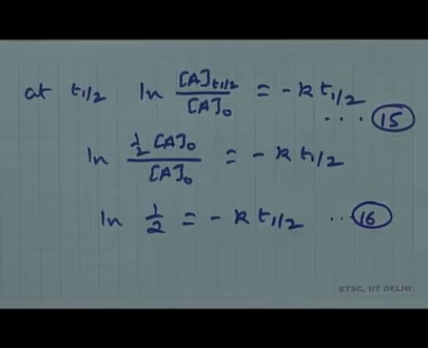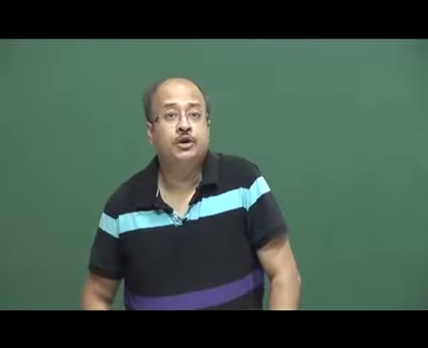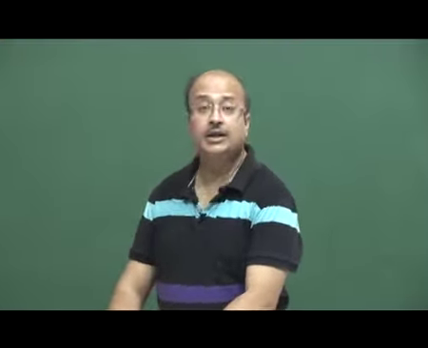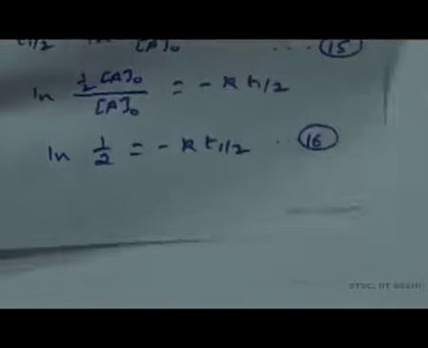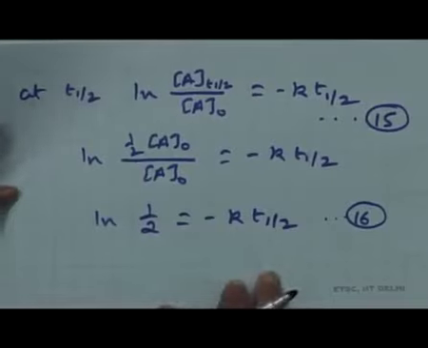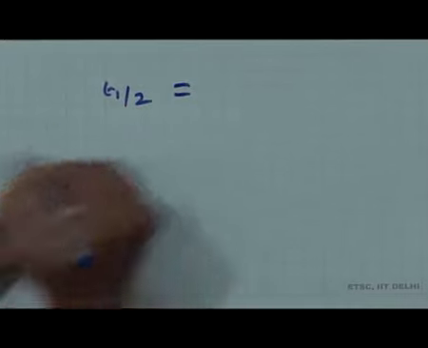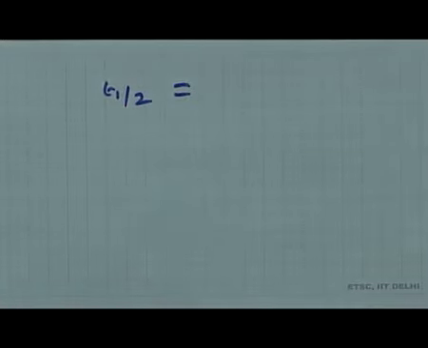Okay, from here what would I get? What I get is, I can immediately write that, hopefully you will realize from here I can make this transformation to go to T half is equal to what?